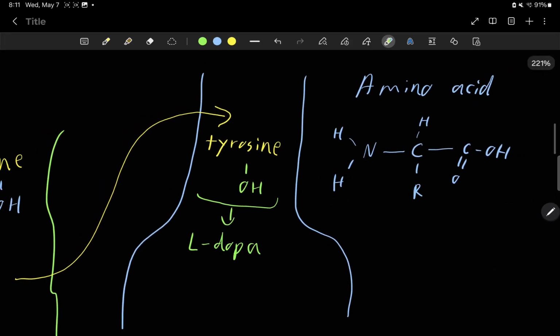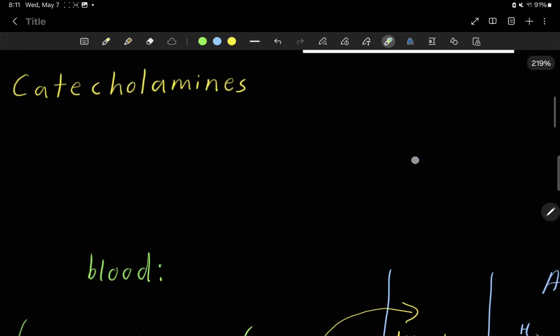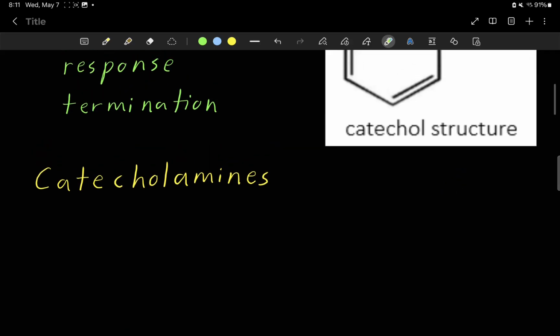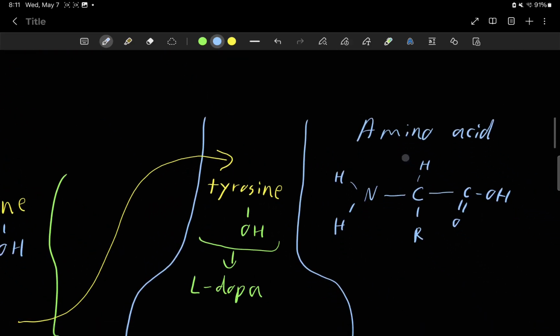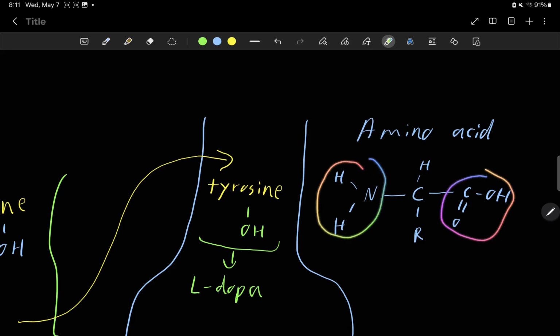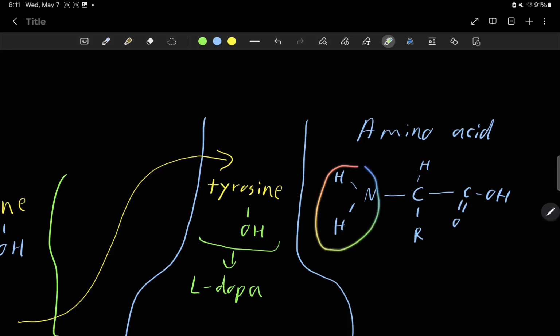But remember, we said our messenger molecules are called catecholamines, and that's because they have an amine group. So that means we somehow have to go from an amino acid to just an amine. We have to go from having both an amino group and an acid group to just an amino group. We have to somehow get rid of our carboxylic acid group.